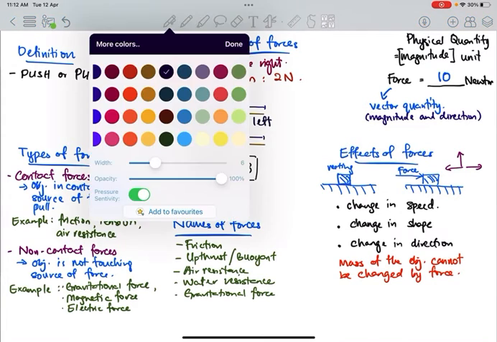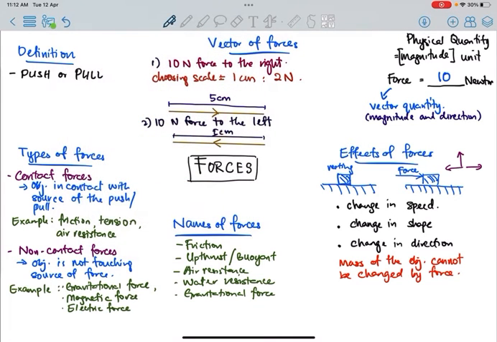If you would like to increase more difficulty level, let's say number 3, you want to have a 10 Newton force acting 30 degrees above the horizontal.